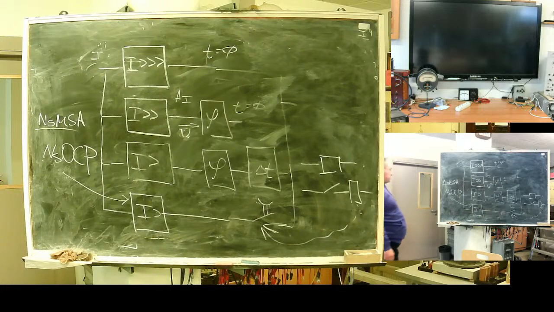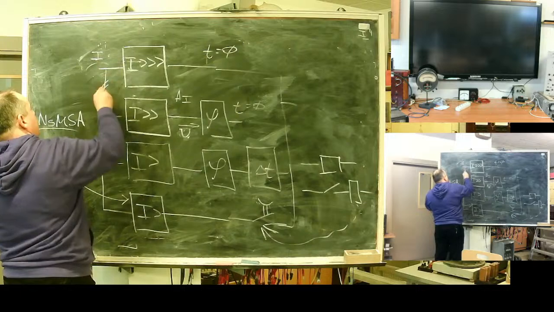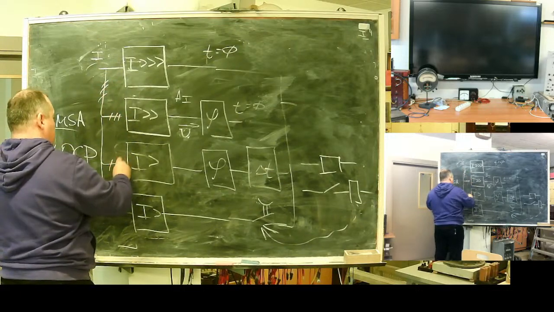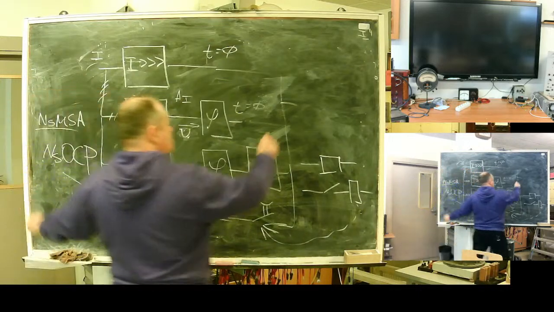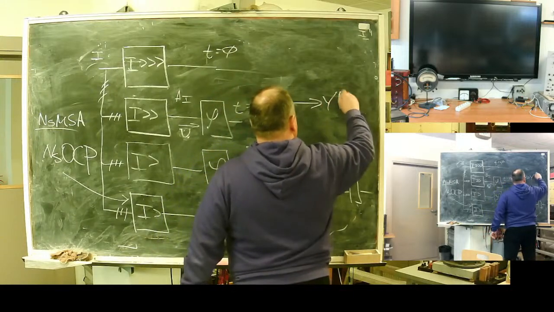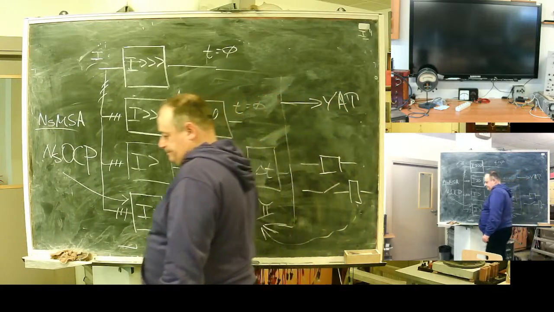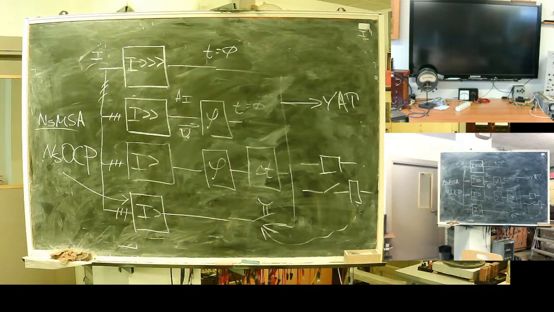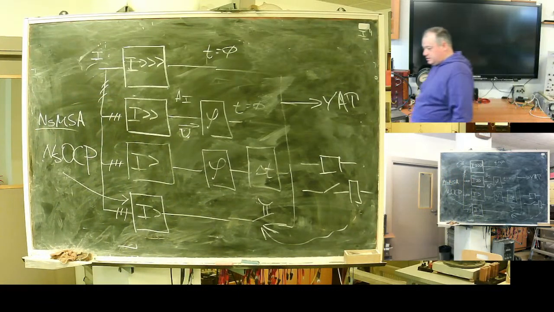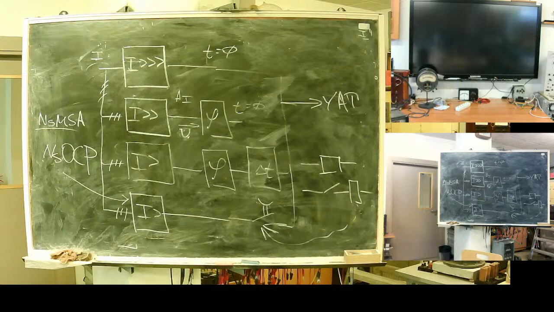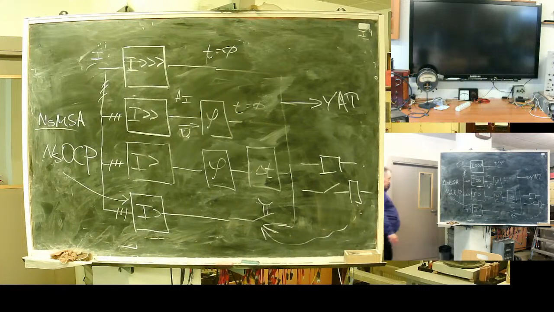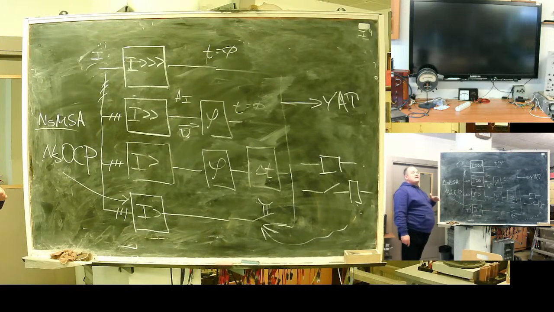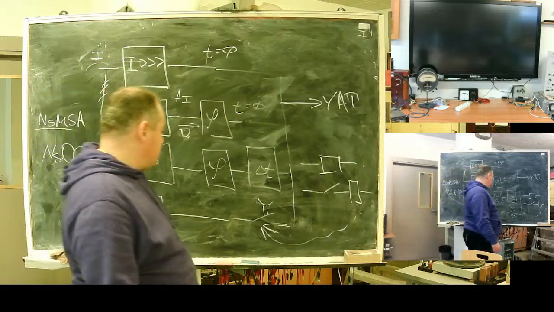Non-selective overcurrent protection. I will need 1 to 3, 1 to 3, 1 to 3. They are all three phase. And here, terminate. Non-selective overcurrent protection activates by the switch off signal.